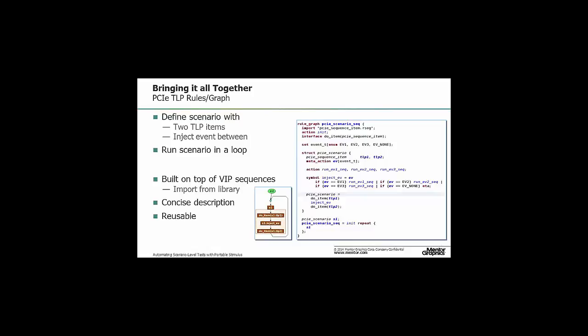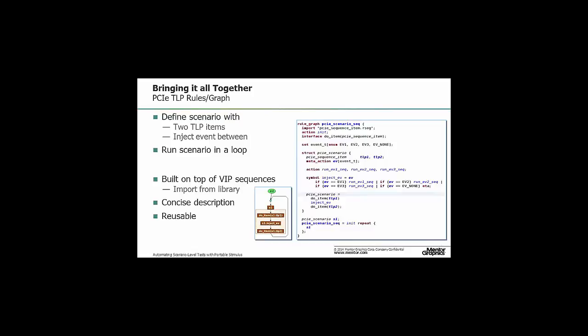And then we have a struct. The whole scenario is described as a struct. So we have two instances of the TLP here, which was imported from the UVM test bench. And then we have some actions, which are in turn just calling the existing sequences, lower level sequences, to do the event injection.